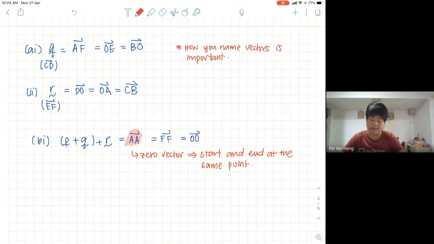So the magnitude equals 0, and it has no direction.